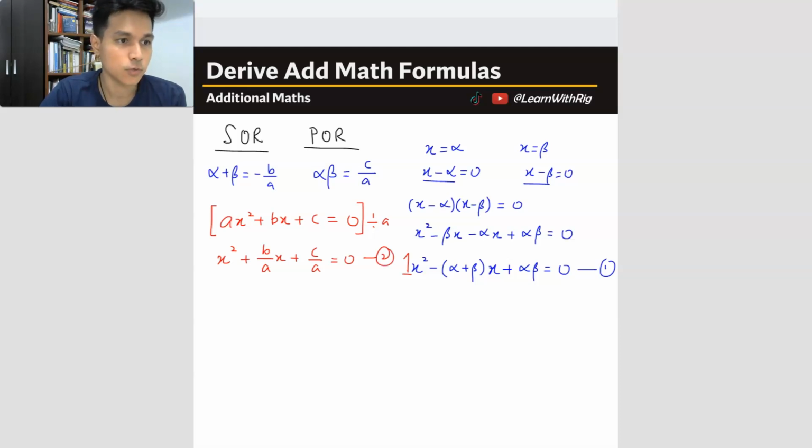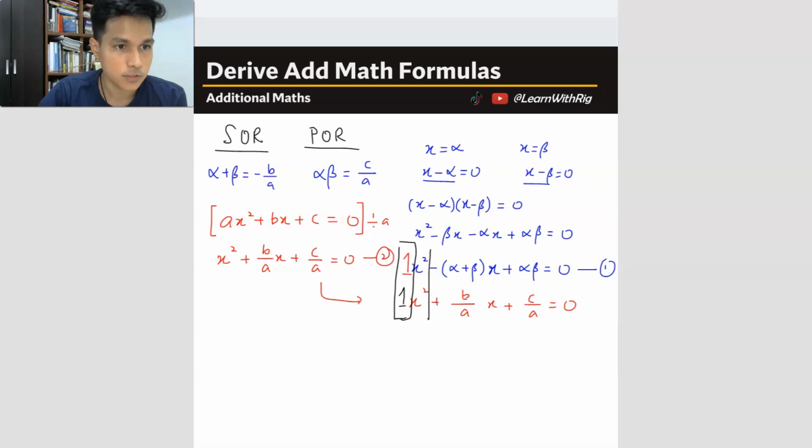So with these two equations, now I can compare. I'm going to write it down here: x square plus b over a x plus c over a equals 0. Now we can compare, because we know both of these leading coefficients are 1.